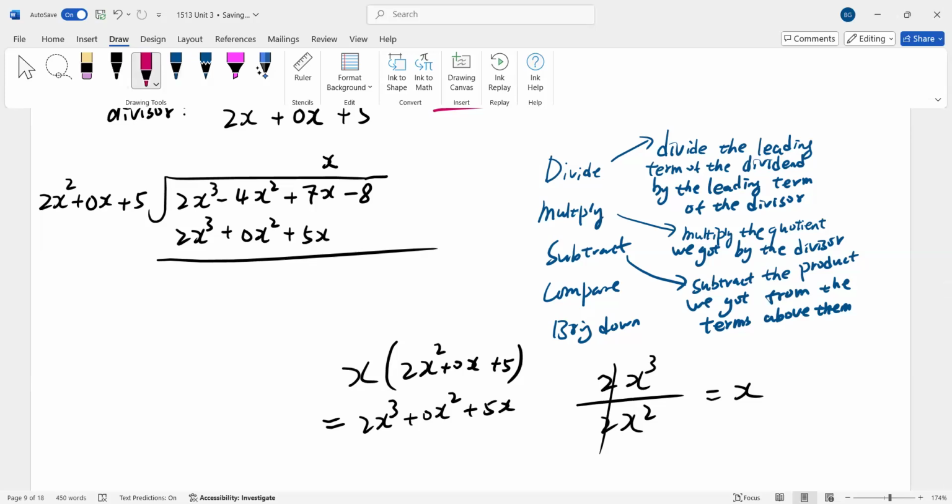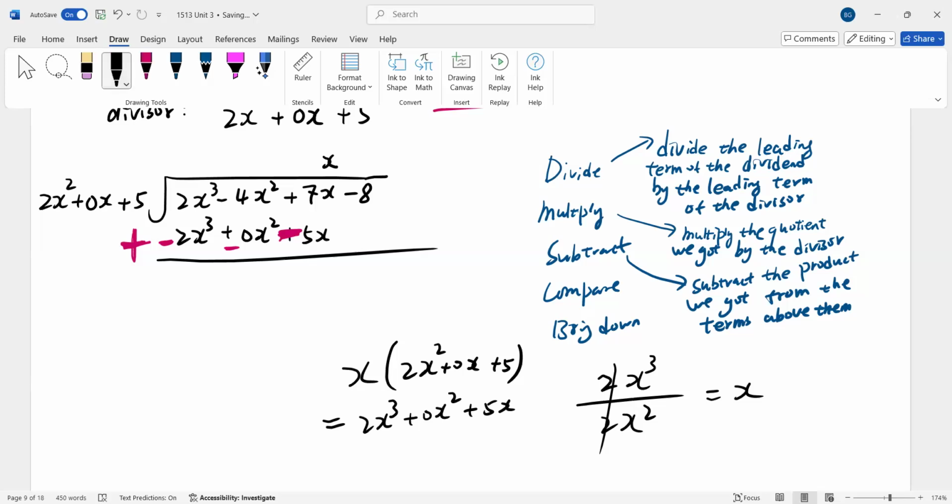So instead of subtracting here, we are going to change the subtraction to addition and change all the terms to their opposite. So 2 becomes -2, 0 becomes -0, 5 becomes -5, all right? And then we add them together.